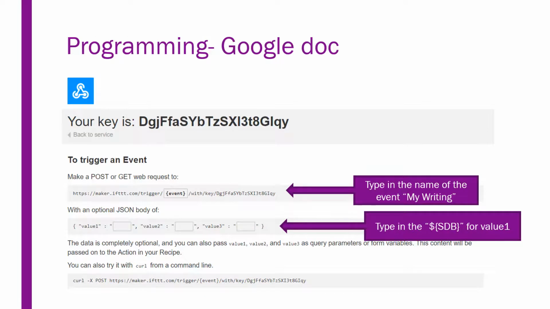This is where I will create the URL and JSON script using the applet and webhook information. Where I see event, I will type in the event I initially created exactly as I typed it. I will enter my writing. Then for the JSON code in value 1, I'll need to enter a $, curly bracket, SDB in caps, and a curly bracket on the right.